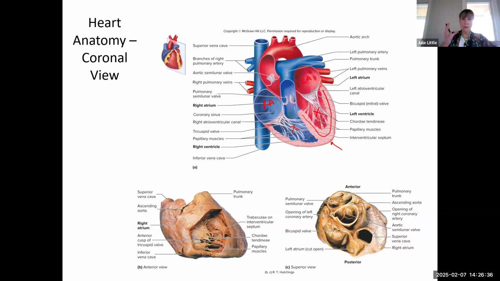They have to be that thick because they're contracting with enough force to send the blood out through the aorta and through the body, up to the head and down to the very tippy toes, to the tippy fingers. So the left ventricle is very meaty, and you can definitely identify that in a dissection, compared to the thin walls of the right ventricle.